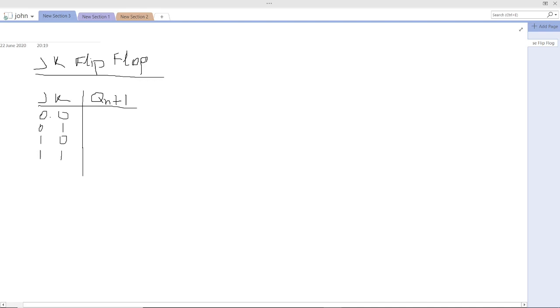With 0 and 0 there's no change, so we have the state of memory, Qn. With J 0 and K 1, you have 0, which is reset, and with 1 and 0, it gives you 1, which is set. And if you have both 1 and 1, the output is Q not, which means toggle the output.